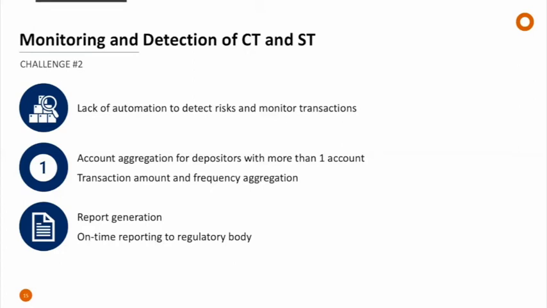Second is the need to aggregate the transaction amounts and frequency of transactions for clients with multiple accounts in one bank. Third is the capability of the bank system to generate reports which are accurate and complete for timely reporting to the regulatory body.